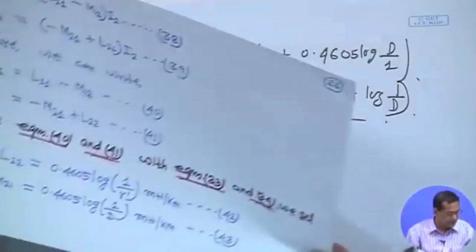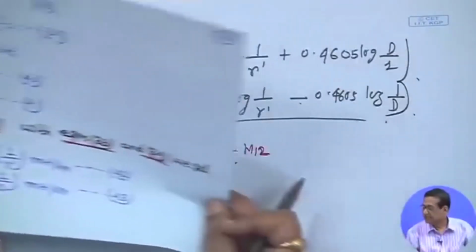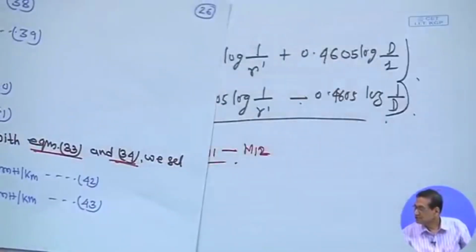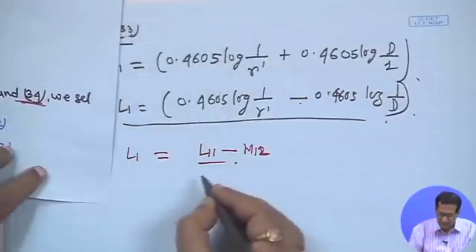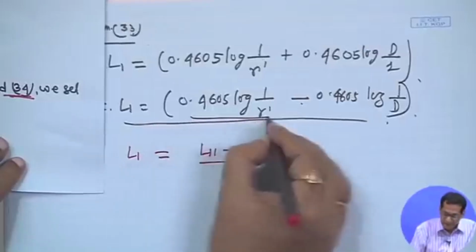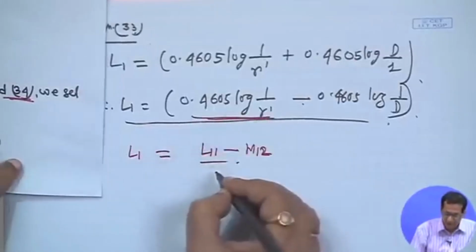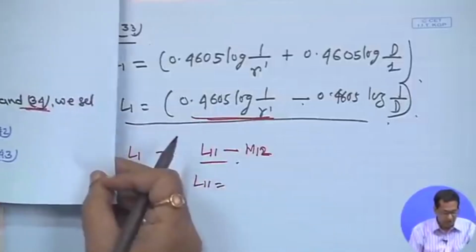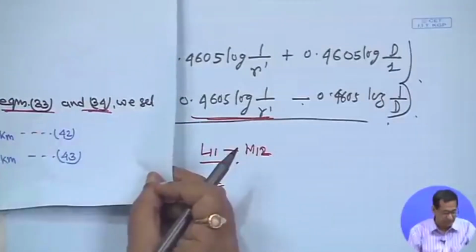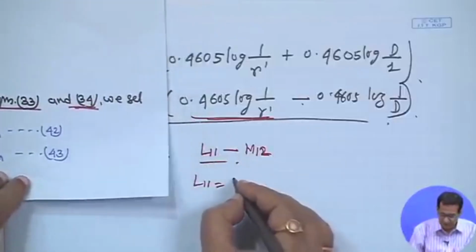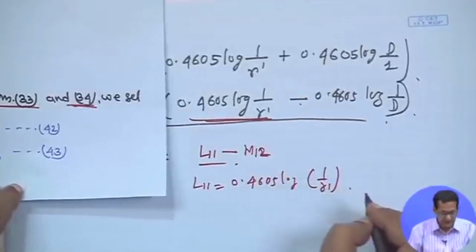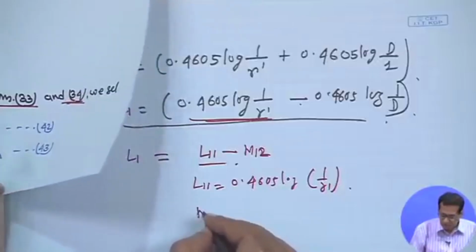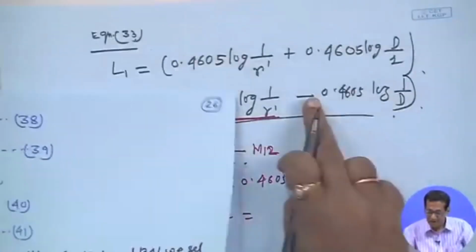So, when you are comparing these two equations, 40 and 33, L11 is equal to 0.4605 log 1 upon r dash, right, and M12, it is L11 minus M12, already the minus sign is here.